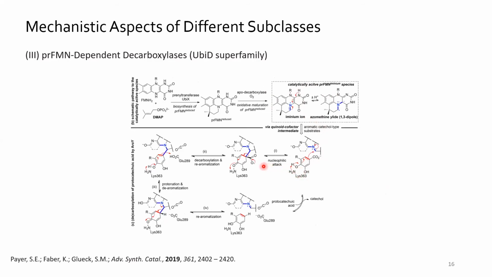And what we get is this quinoid cofactor intermediate, which is then decarboxylated and rearomatized. And by another protonation, dearomatization and rearomatization, we get to the final catechol product.